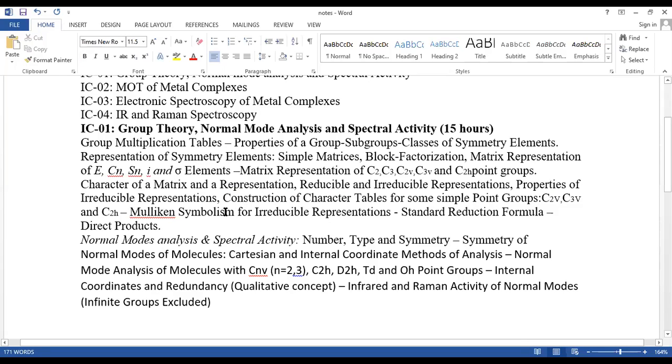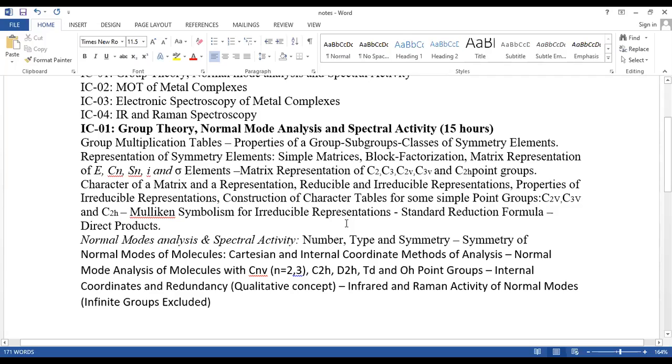What is the Mulliken symbolism for these irreducible representations? Standard reduction formula and direct products. This itself is a very big chapter. Then comes a little bit of application: normal mode analysis and spectral activity. So this is your syllabus.